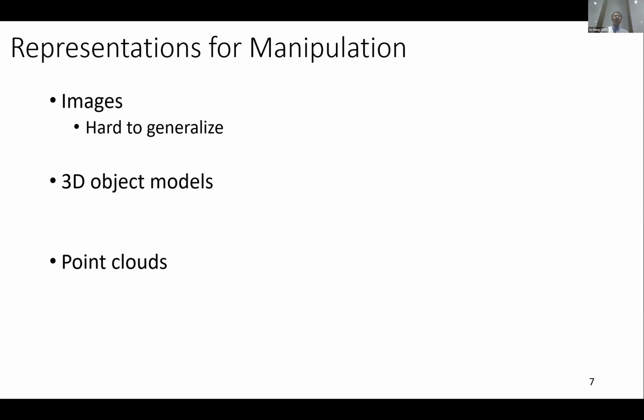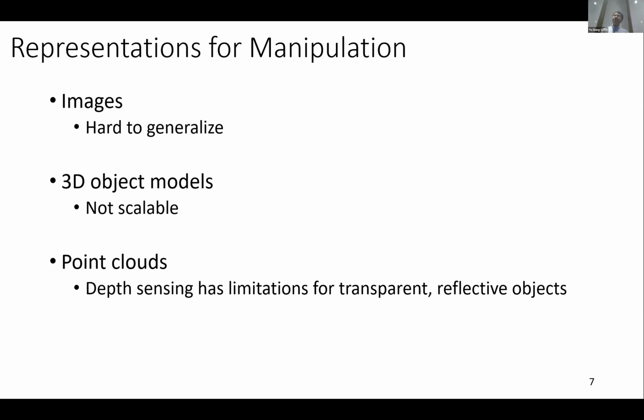If we use 3D object models, it's not scalable. We cannot get thousands of 3D models for many objects. Also, for some objects, such as transparent or metal objects, it's hard to get their 3D models. If we use point clouds, we're limited by depth sensing capability. Current depth sensors have limitations in sensing transparent or reflective objects.